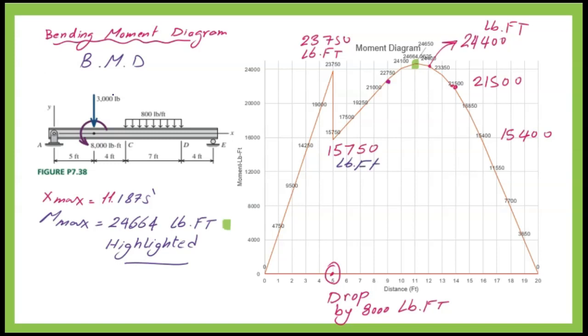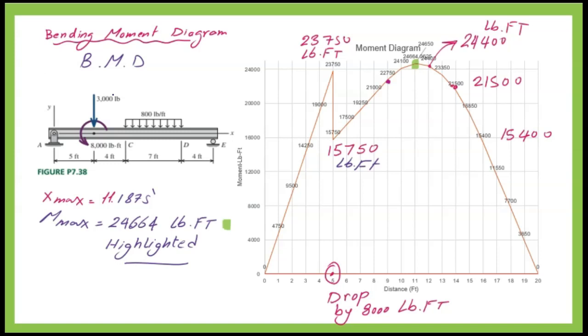Starting from this point, we have a slope until we get to the point of maximum moment, which is 24,646 pound-foot, highlighted here.